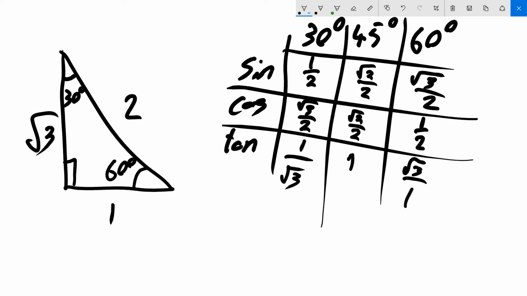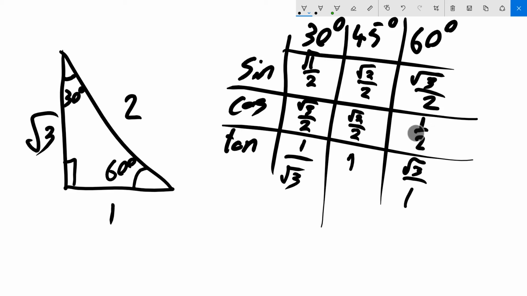So is there a nice way to remember them? Well, yes. You can remember that sine is 1, 2, 3, with root 1 over 2, root 2 over 2, and root 3 over 2. And you can remember cosine is just backwards.